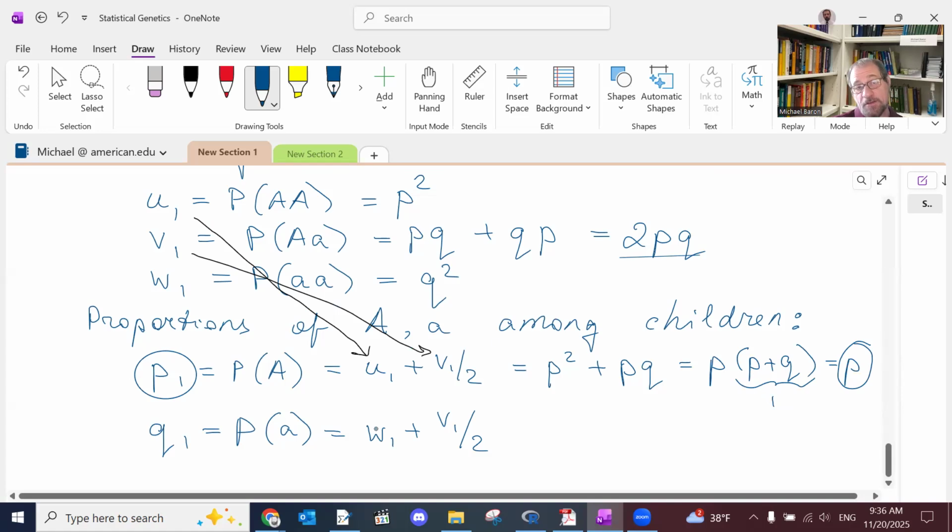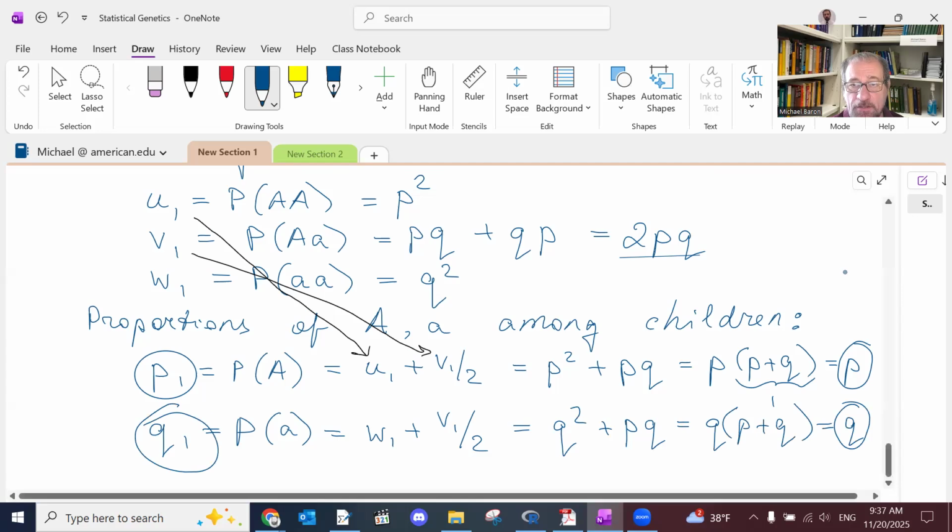And therefore, the proportion of recessive genes also does not change. W1 is Q squared, and half of V1 is again PQ. So you can factor Q, and P plus Q is 1. So again, you start from Q1 and you end up with Q.